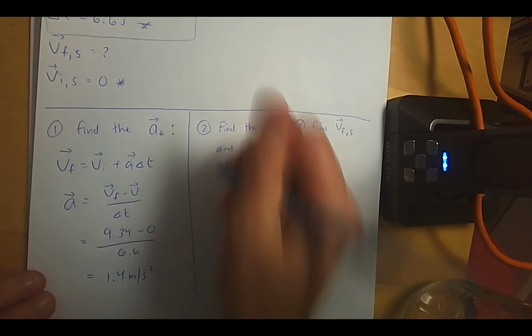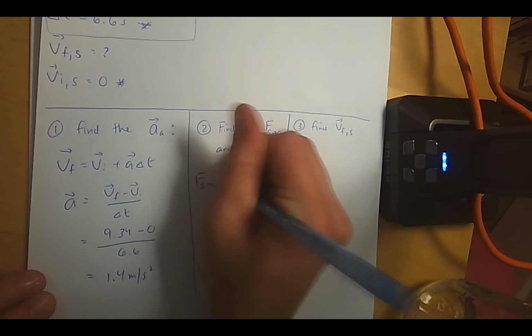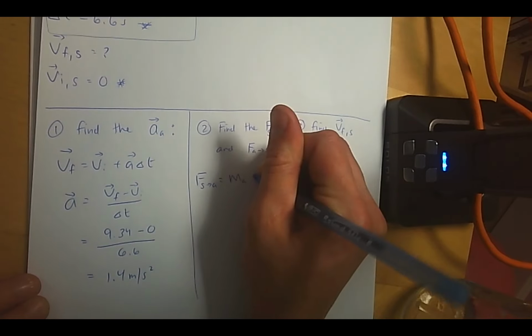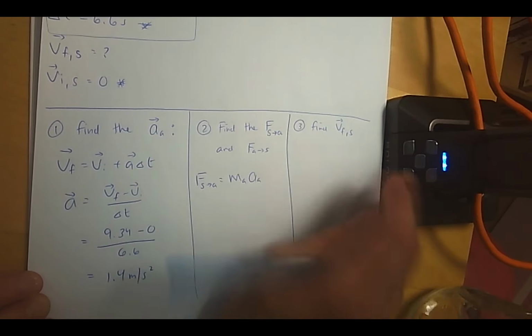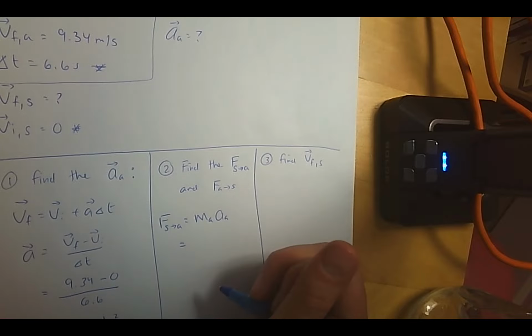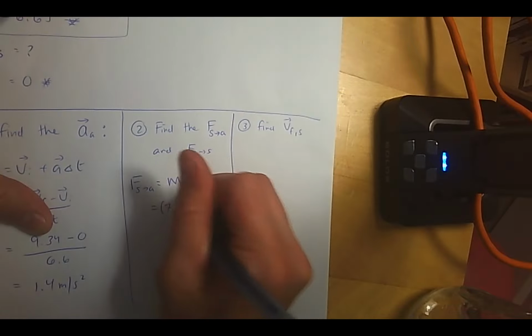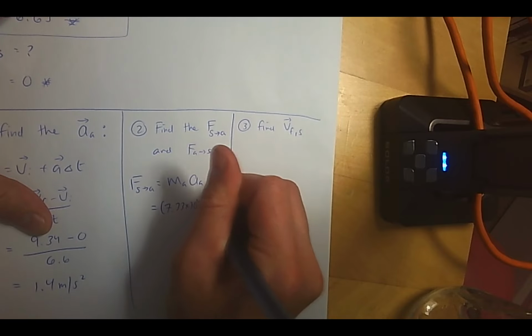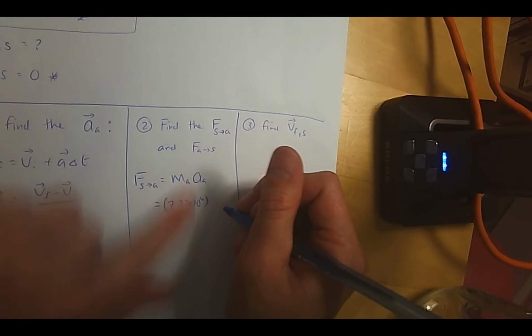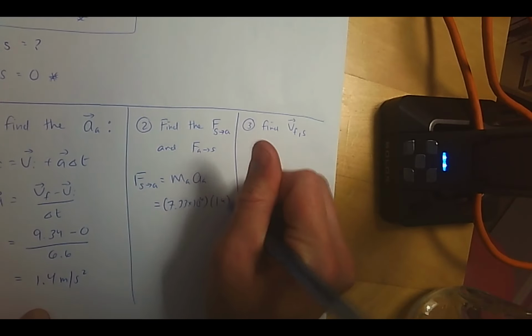Now, the force from Superman onto the asteroid is going to be the mass of the asteroid times the acceleration of the asteroid. So the mass of the asteroid is 7.33 times 10 to the 6th kilograms. And the acceleration of the asteroid is 1.4.